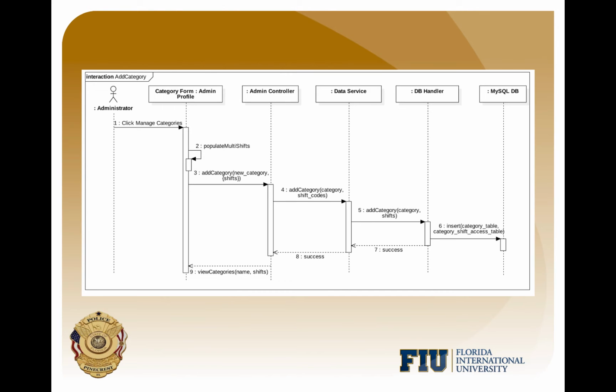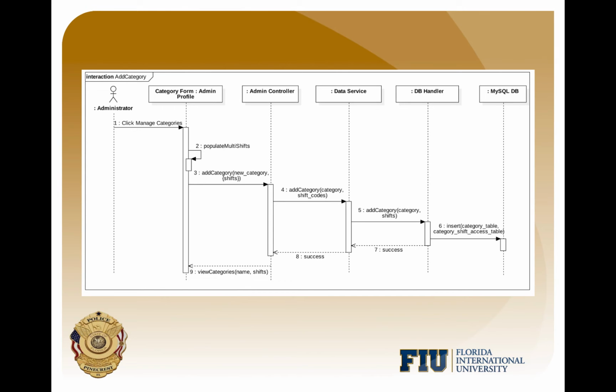In the same flow, the admin controller sends the request to the data service, which sends the request to the DB handler, and at the end, the information is persisted in the database. Success messages are sent back to the admin controller, and the system calls the function view categories and retrieves the name and shifts that have access to the category they just inserted.